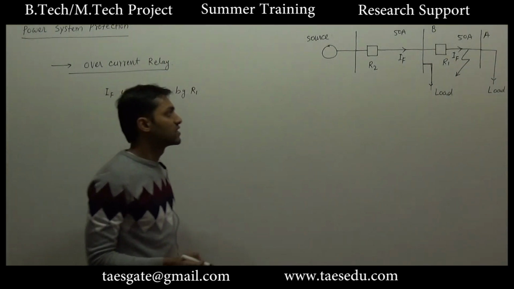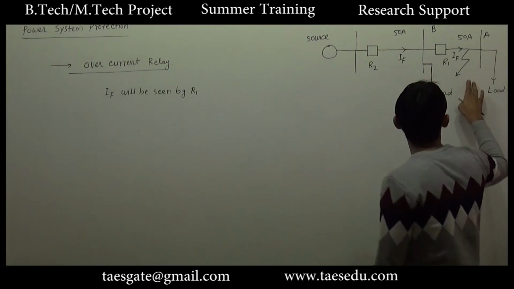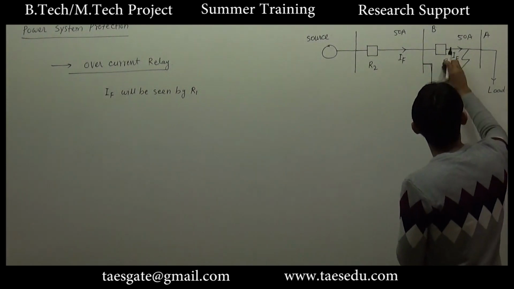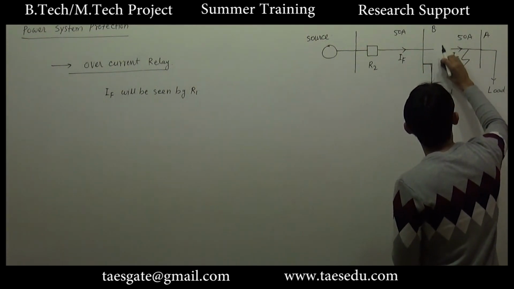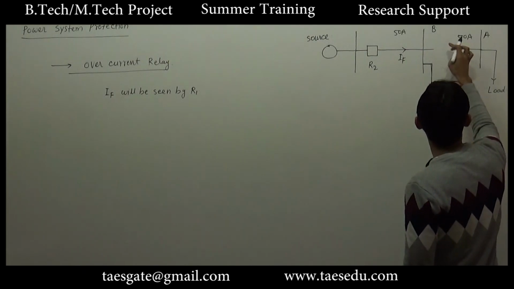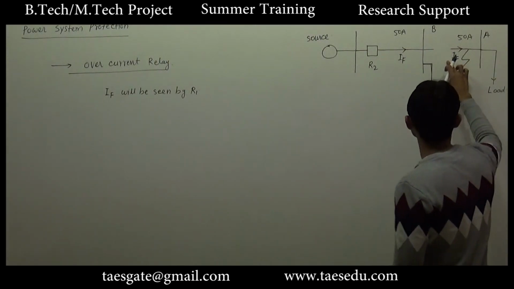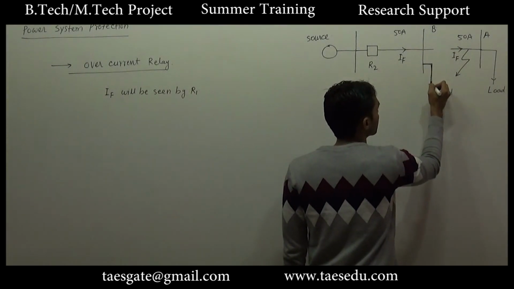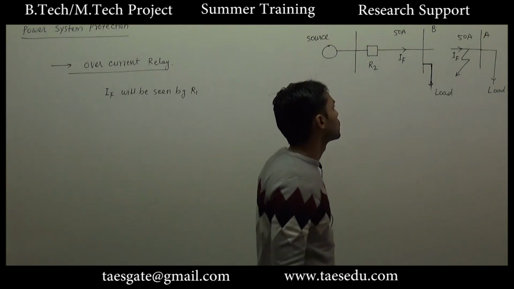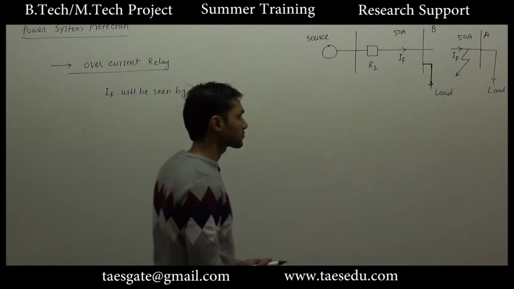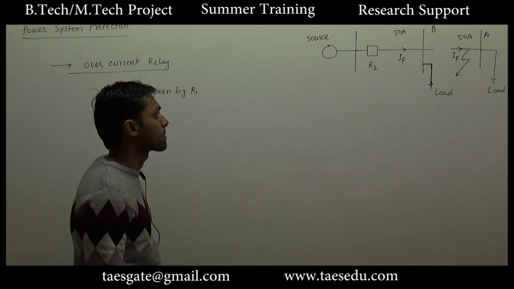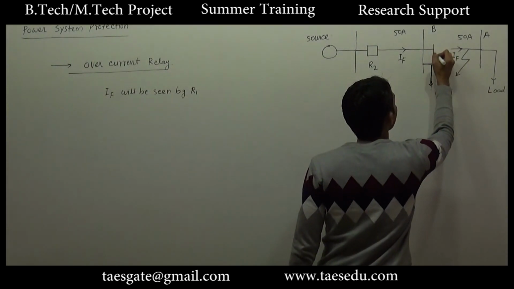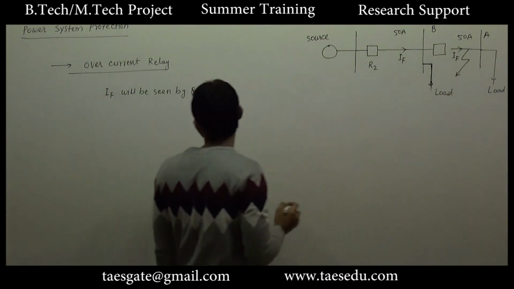In the most favorable condition, what will happen? After the fault, we want relay 1 to operate the circuit breaker, which will open, and this part will be isolated from the system. And this load will not be interrupted. This load will continue to take power supply from the source. So for this fault, R1 will provide primary protection.